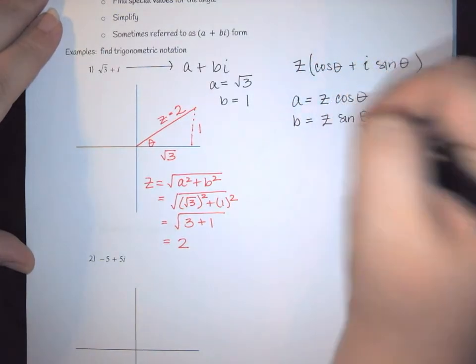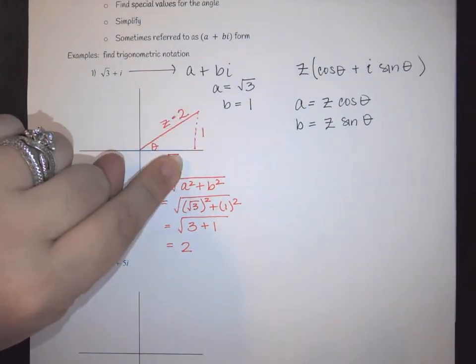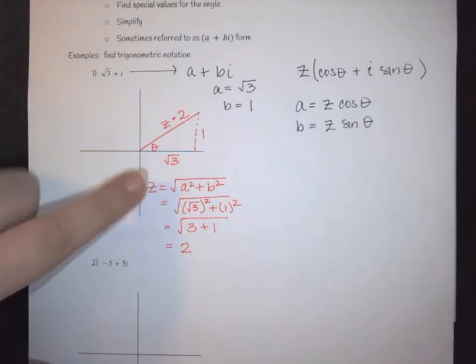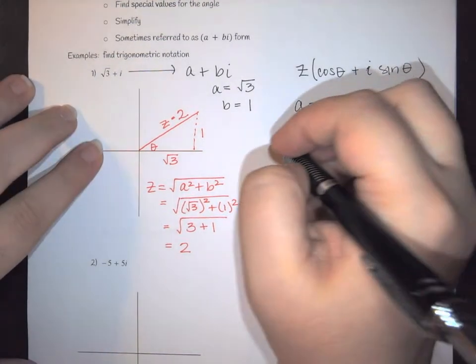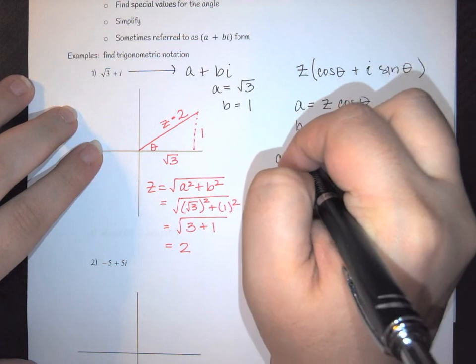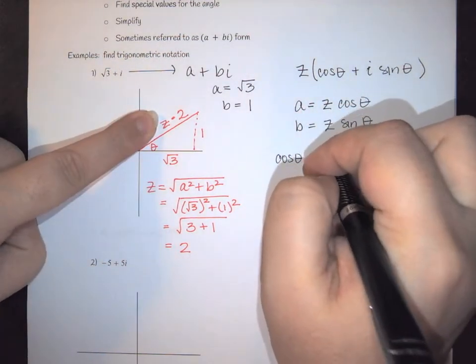And I know my triangle here. So the first thing I need to look at is cosine and sine. So my cosine of my angle is going to be adjacent over hypotenuse, so square root 3 over 2.